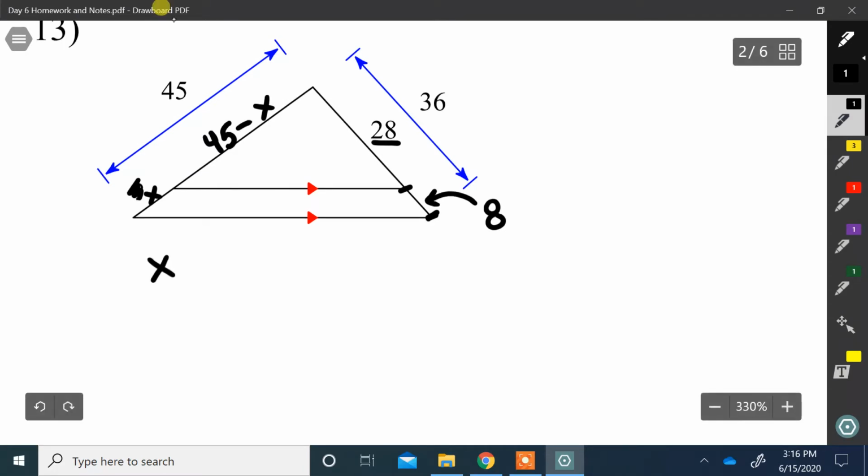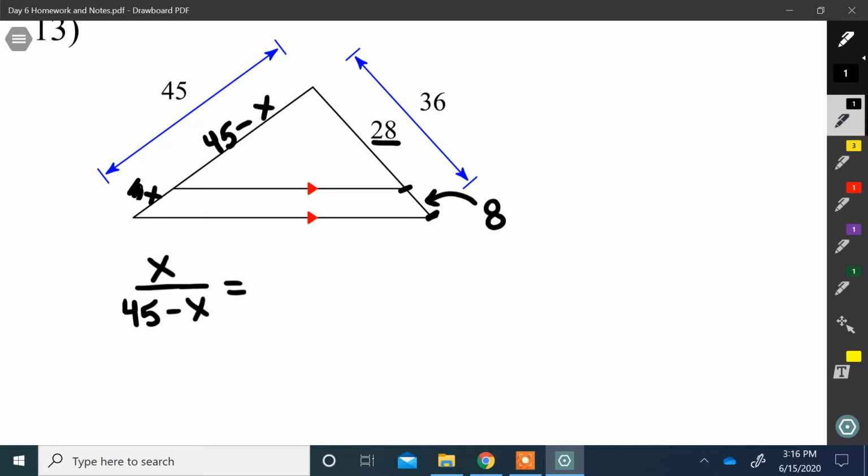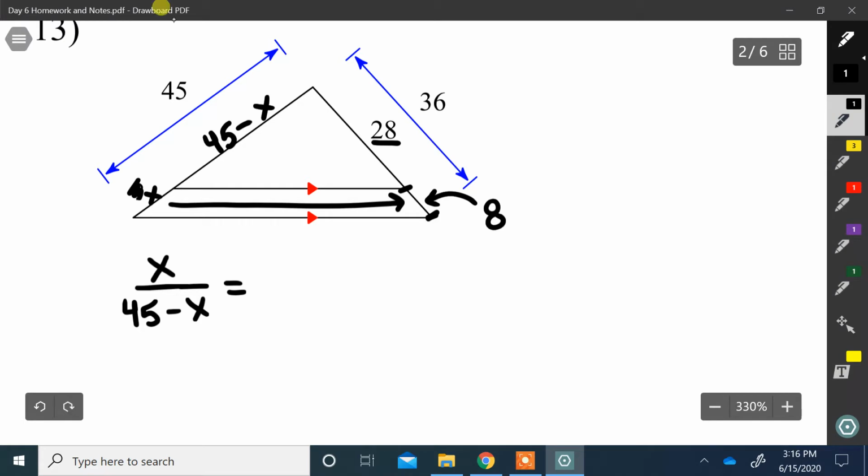I'm going to start with x over 45 minus x is equal to, okay, if I start with x, I need to start with 8 over 28.